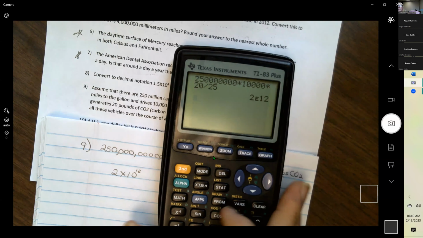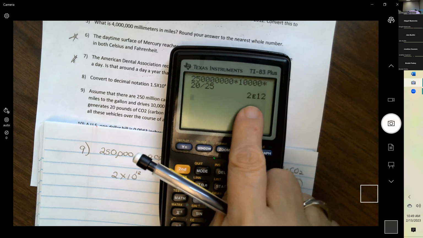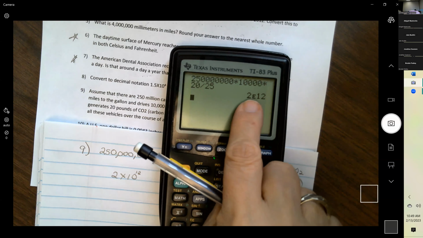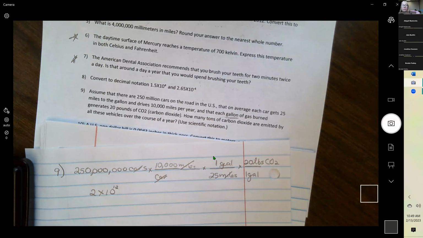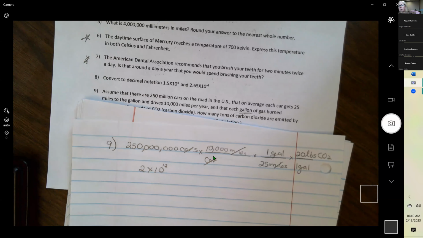When you do these on your calculator, instead of a 10 for your scientific notation, it'll give you an E. That E is a 10. So that means 2 times 10 to the 12th.